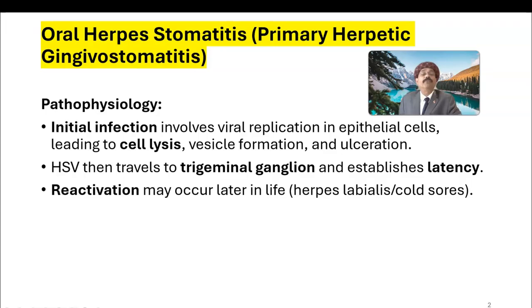What is the pathophysiology of oral herpes stomatitis, also called primary herpetic gingivostomatitis? Pathophysiology: initial infection involves viral replication in epithelial cells, leading to cell lysis, vesicle formation, and ulceration.